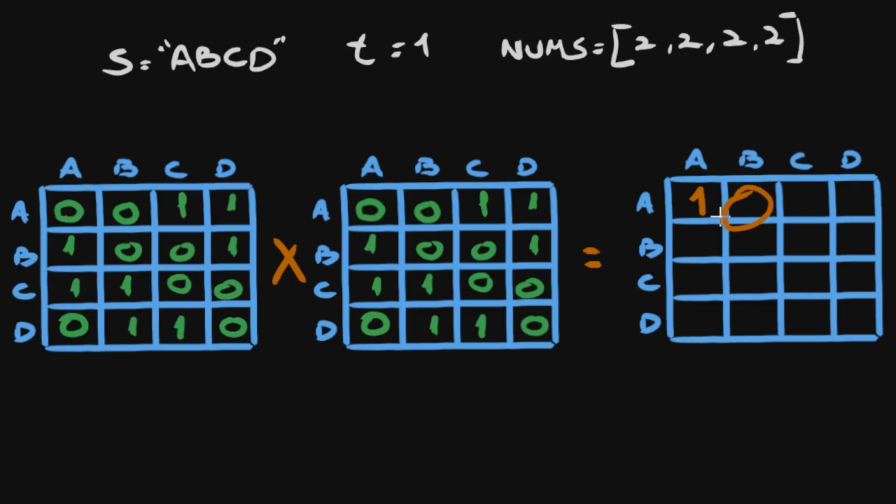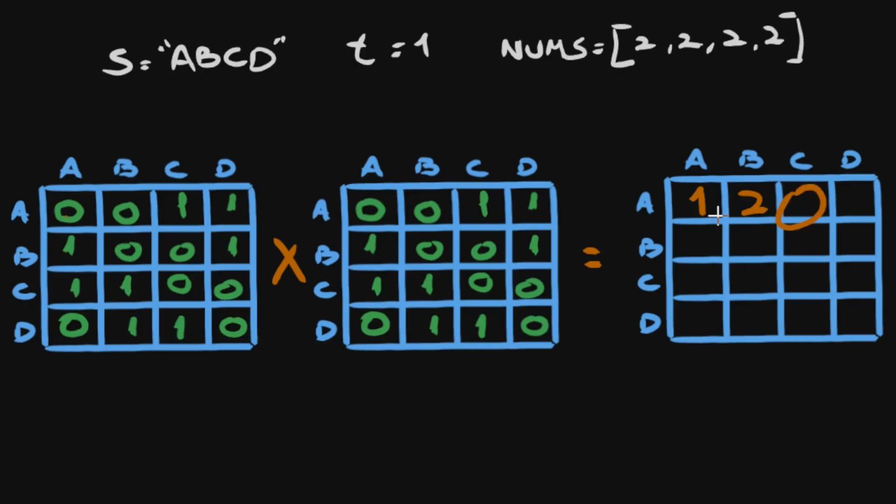Next we are here, so we are multiplying this row with this column, and 0 times 0 is 0, plus 0 times 0, which is also 0, plus 1 times 1, which is 1, plus 1 times 1, which is also 1. This is 2, so we put a 2 here.